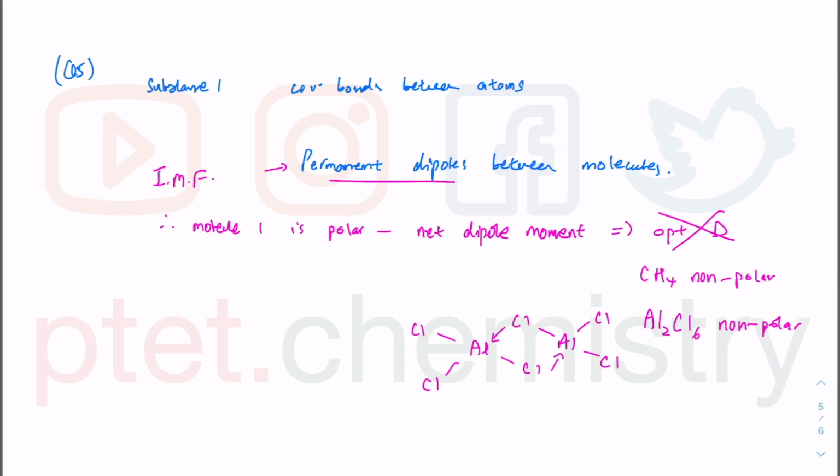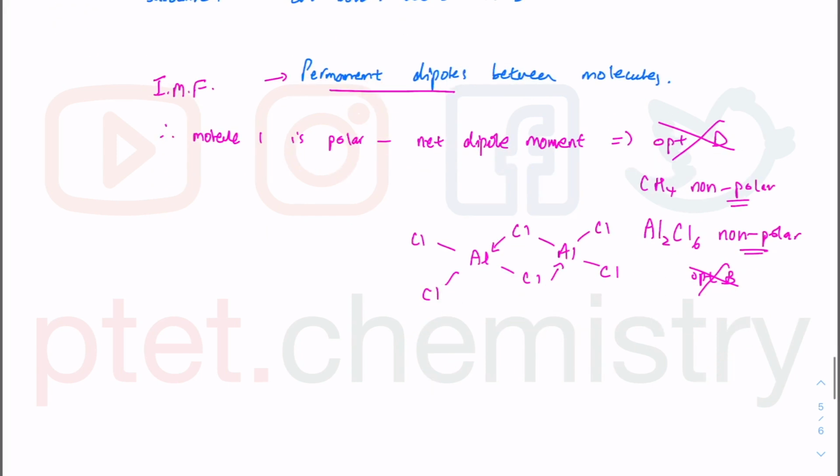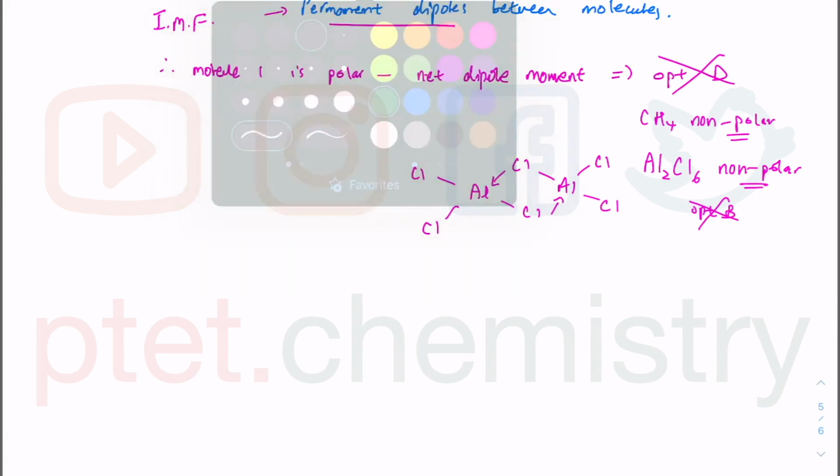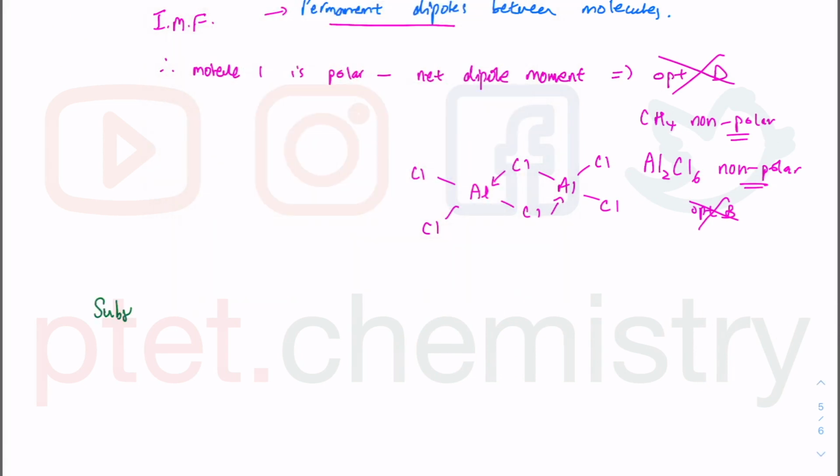Here these are all non-polar because their distribution of charges is going to be symmetrical, and therefore they cancel out. So looking at that, option B is also out. So I'm left between option A and option C. So let's have a look at substance 2. Substance 2, I have weak forces between molecules.